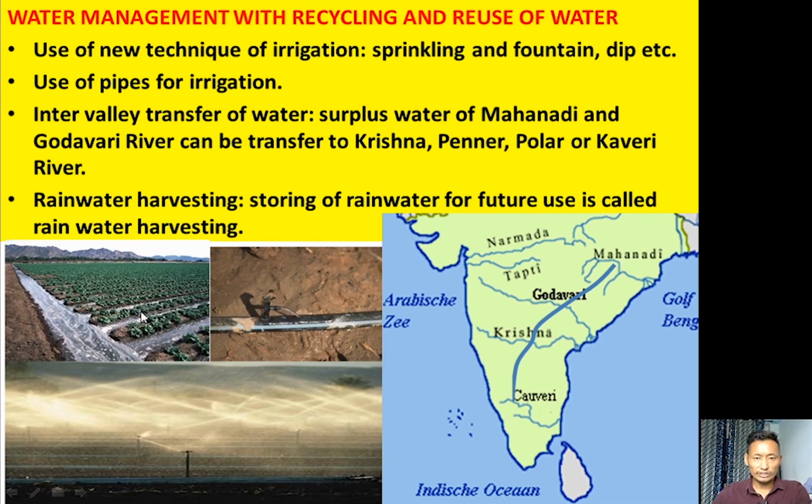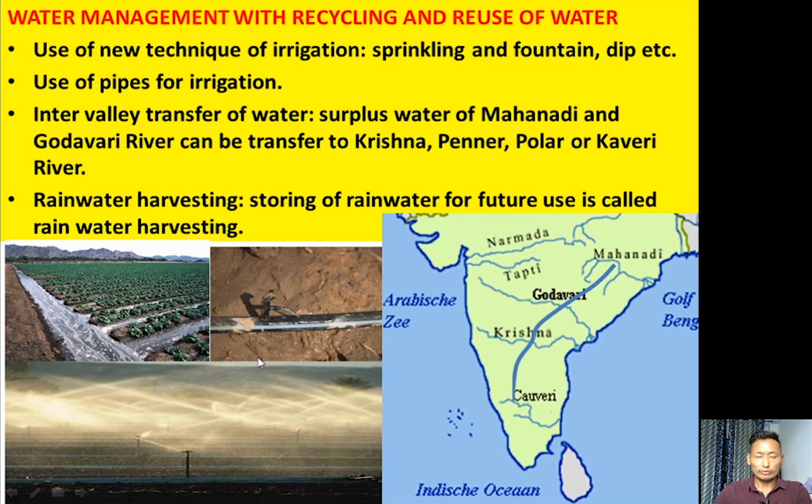Instead of this, we can use drip, sprinkling and fountain irrigation in order to save the water from leakage problems and from evaporation. So in order to save water, we can use these new techniques in irrigation such as sprinkling, fountain and drip irrigation.